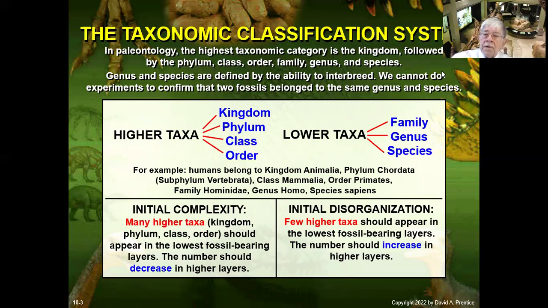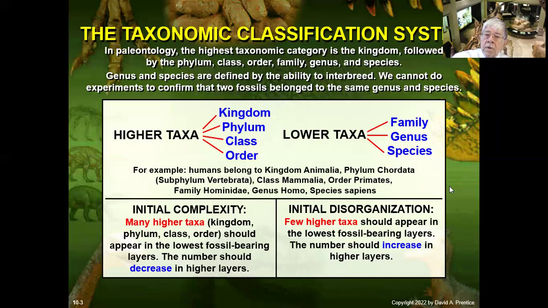So the higher classifications, the higher taxa, are the kingdom, the phylum, the class, the order, and each one of those can be subdivided into subkingdoms, subphyla, subclasses, suborders. The lower taxonomic categories are family, genus, and species. And those also can be subdivided into a subfamily, subgenus, subspecies.